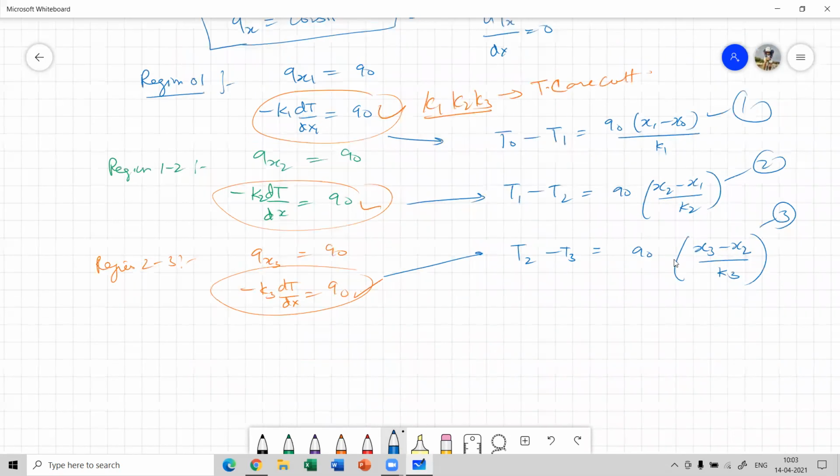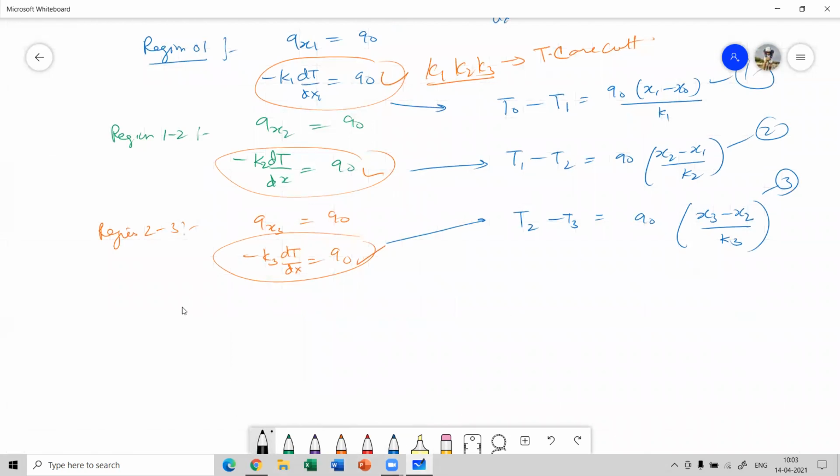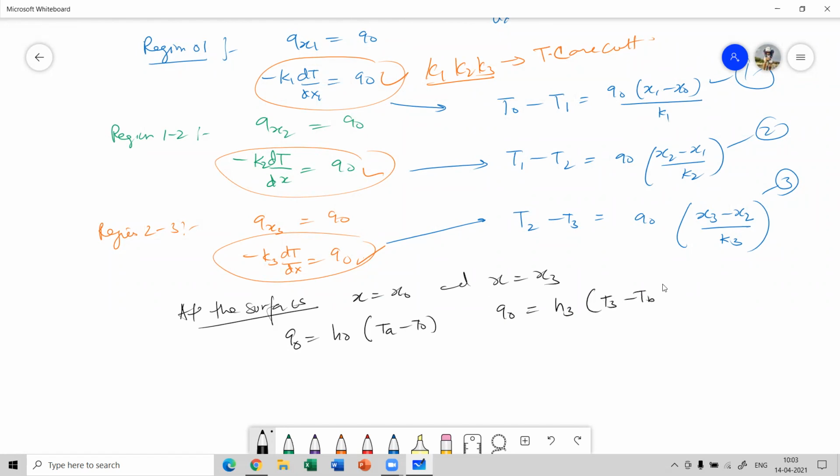Now, at the surface, that is at x equal to x0 and at x equal to x3, there's Newton's law of cooling occurring. Newton's law of cooling says Q naught is h naught into the temperature difference, Ta minus T naught, and at x equal to 3 it is again Q naught, which is equal to h3 into T3 minus Tb.